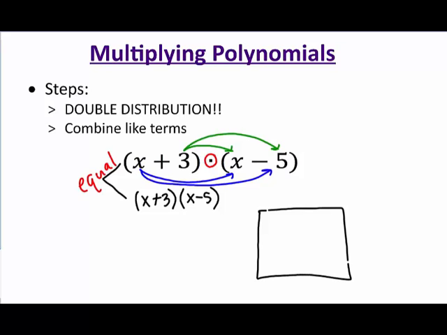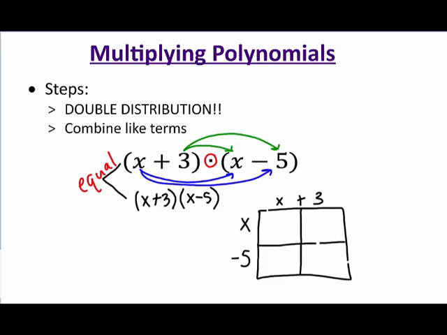If you draw a box and make it 4 squares, then you write your factors on the sides, so x plus 3 on the top, and then x and the negative 5 on the bottom. You can easily multiply in this fashion.